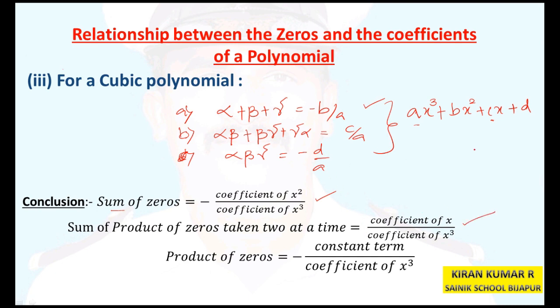Minus d by a: d is the constant term and a is the coefficient of x cube. Therefore, you must remember this: alpha plus beta plus gamma is minus b by a. Alpha beta plus beta gamma plus alpha gamma is c by a. Alpha beta gamma, the product, is minus d by a.